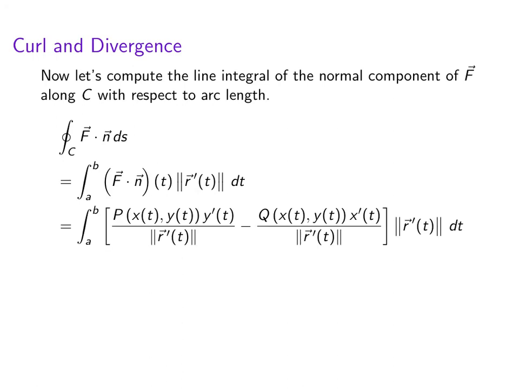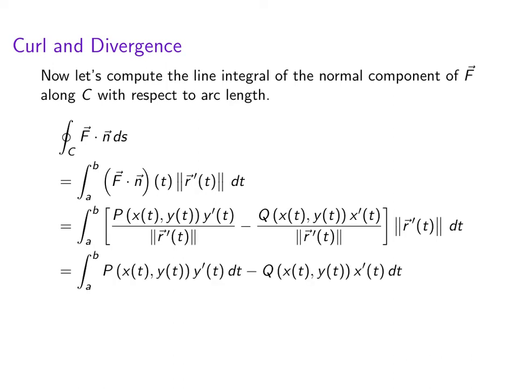All right, go back and look at what F was, look what n was. We dot them together and then multiply by the length of r prime of t. This is what we'll get. Now this looks kind of messy, but the good news is a bunch of stuff will cancel out. Now we get a much easier looking expression: P times y prime minus Q times x prime. Well, that's just P dy minus Q dx.